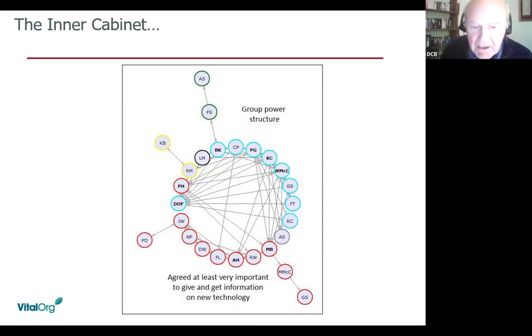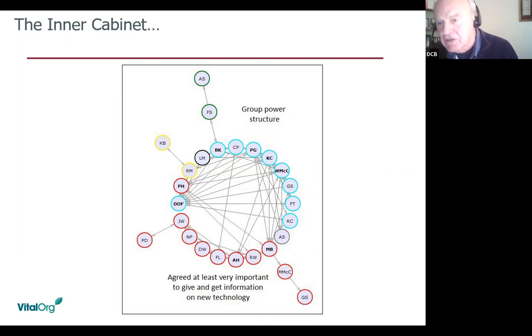Here you can see that the red department and the light blue engineering are absolutely dominating the whole thing, with DOF at 9 o'clock, the head of engineering, as the key player. And you've got some people at the top, AS and FS, who are connected with the group, but not actually part of it.